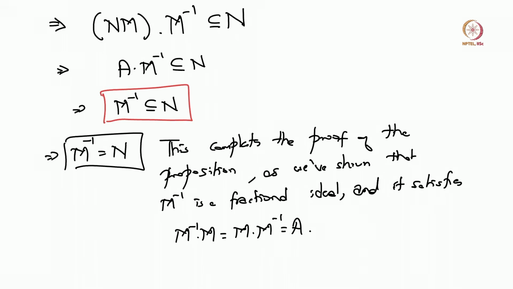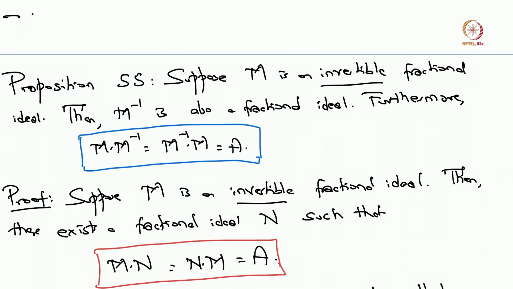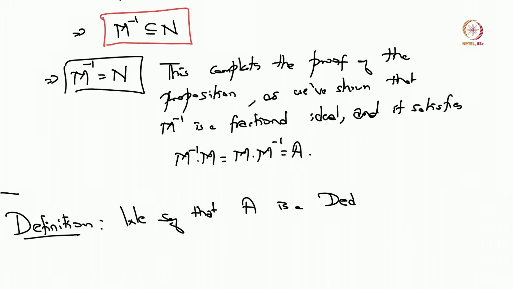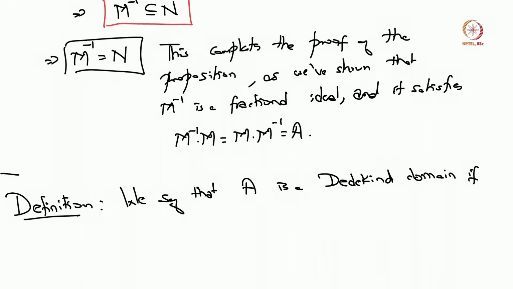So what we've shown is that if you knew a priori that your non-zero fractional ideal was invertible, then its inverse is given by the set M inverse. And in general, for general rings, not every non-zero fractional ideal is invertible. So we'll work with a very special class of rings where all non-zero fractional ideals will be invertible. So we say that A is a Dedekind domain which satisfies three properties.